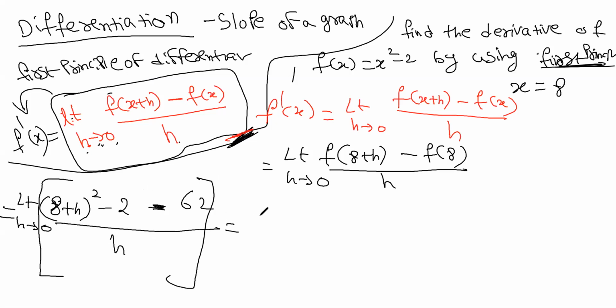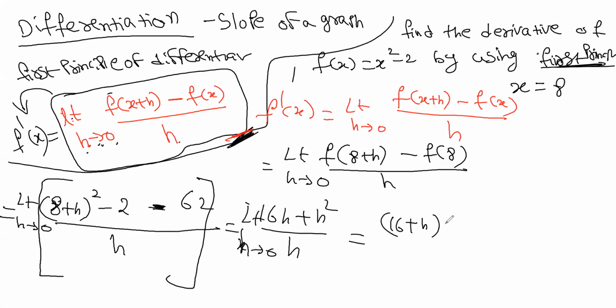So I got 16h plus h square by h. If I take h common, we get 16 plus h into h by h, so h cancels.